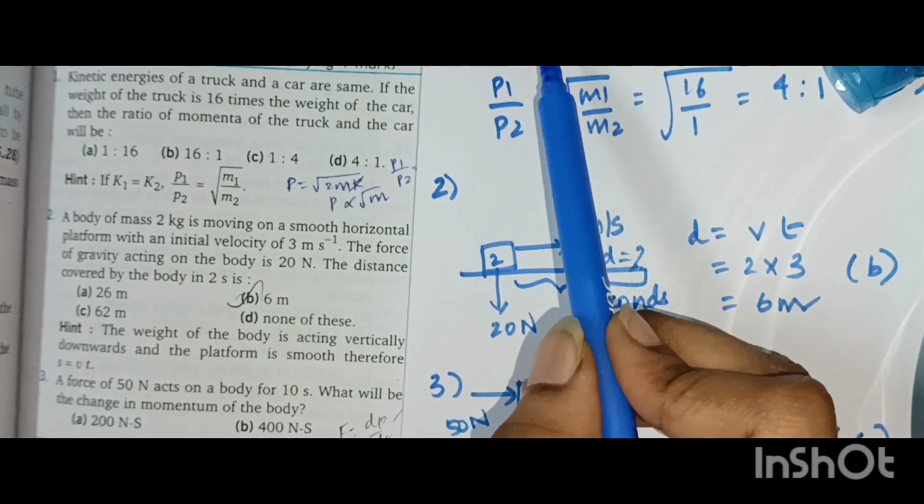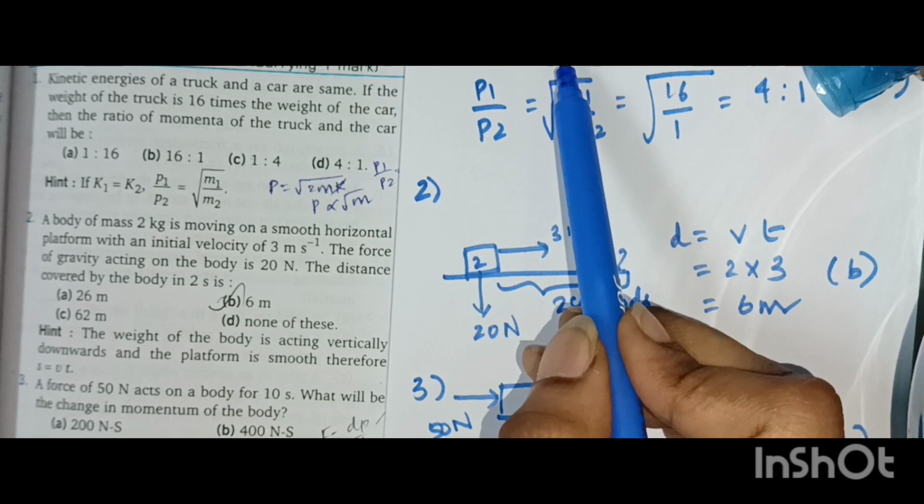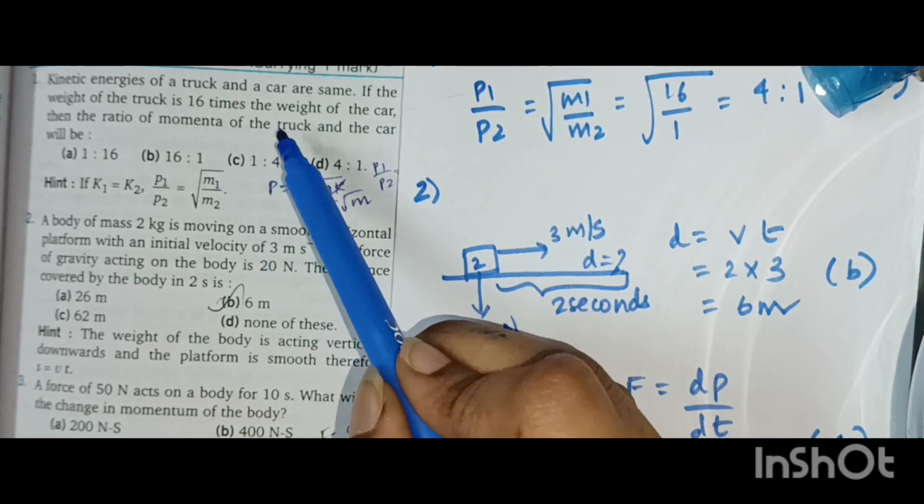We know momentum is equal to root over 2mK, where K is kinetic energy and m is the mass. They are asking us the ratio of momentum of truck and car.